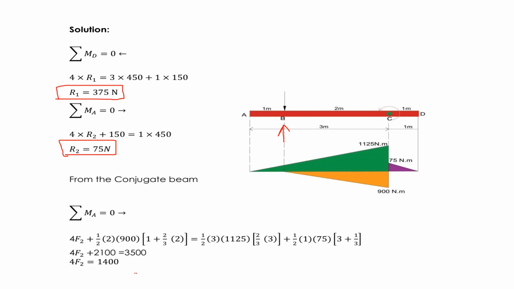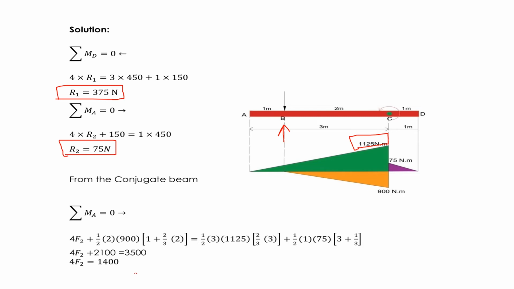R2 is 75. From the conjugate beam, we have to split into the length equation or the moment equation for this conjugated beam. So we find the length, it should be 6.3. The highest peak of this moment diagram is 1125 Newton meter and 90 Newton meter.